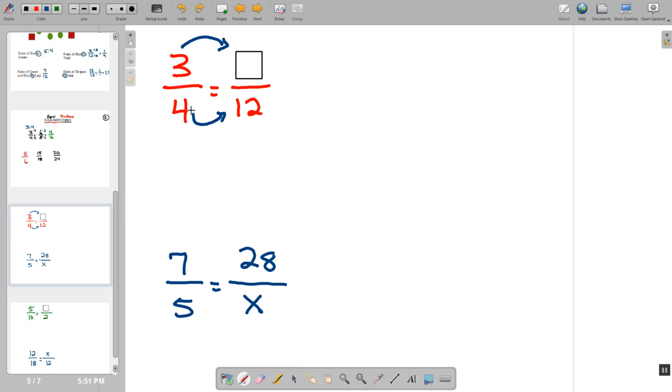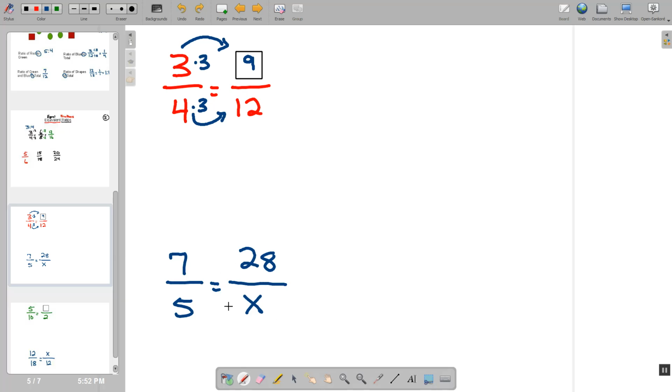So I can think from left to right or right to left, and I want to figure out what pattern is happening to get that number. Well, I know that 4 times 3 is equal to 12. Therefore, 3 times 3 has to be equal to the numerator of this fraction, which should be 9. And that does make sense because 3/4 is the same thing as 9/12.